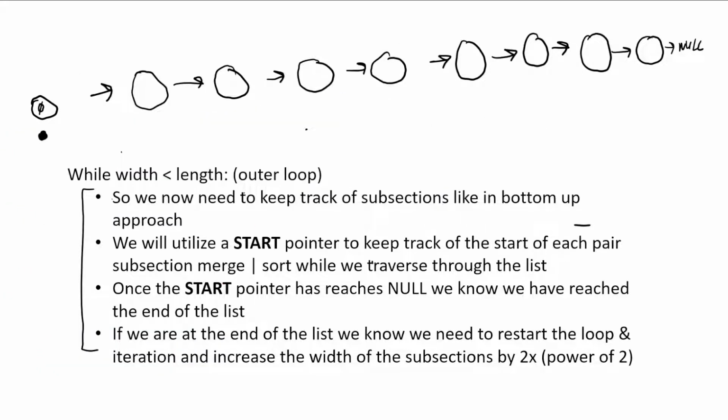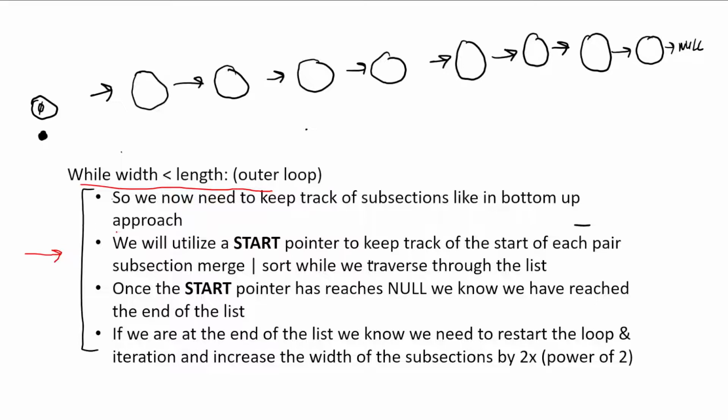This is our list with the dummy node. So we also have this pointer that we're going to assume is at the very beginning, where the dummy node is. So this is the outer loop again, and we're going to have some logic inside of this outer loop. We need to keep track of the subsections, just like in the bottom-up approach.